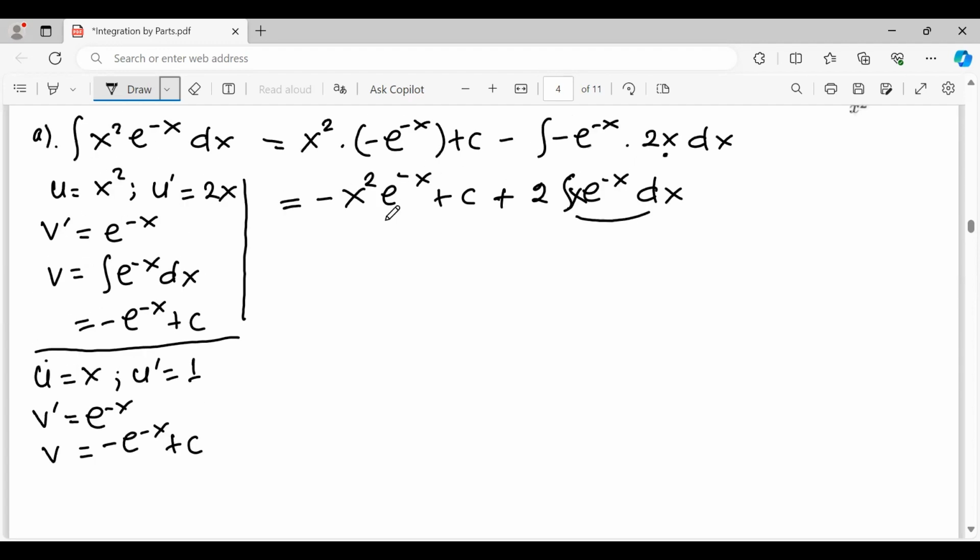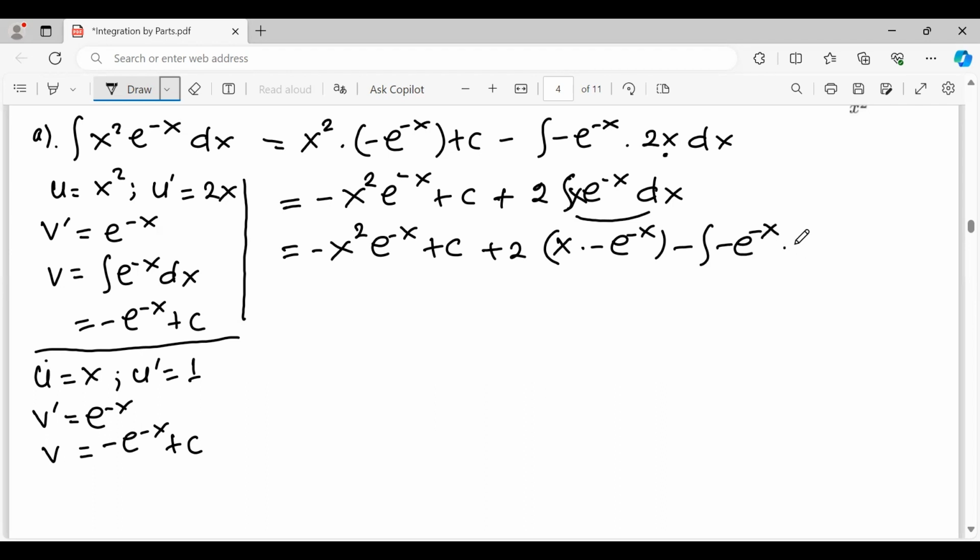So we can write minus x squared e power minus x plus c, plus 2 times, again, integration by parts, the second integration by parts: u times v, x times minus e power minus x, plus c already here, minus the integral of v, minus e power minus x, times 1 dx.